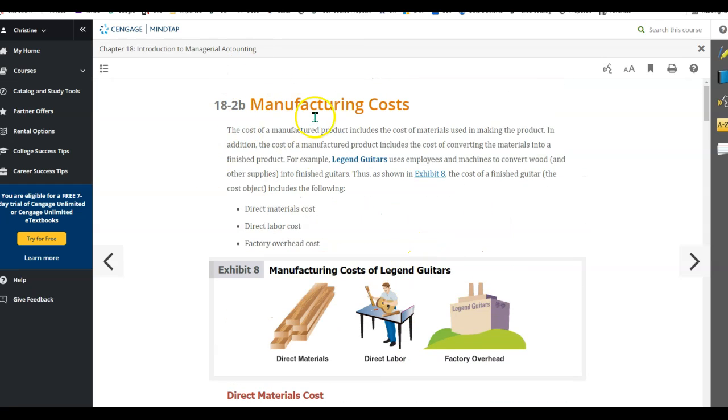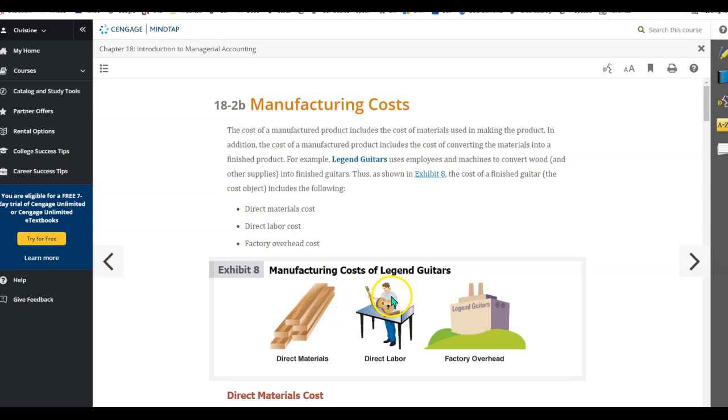Now you want to notice in the beginning here under manufacturing costs, they've got direct and then overhead. The way to think about this, and these are big broad categories, you could have something special that was direct for your business. When they say direct, that means it's traceable to a unit of a product.